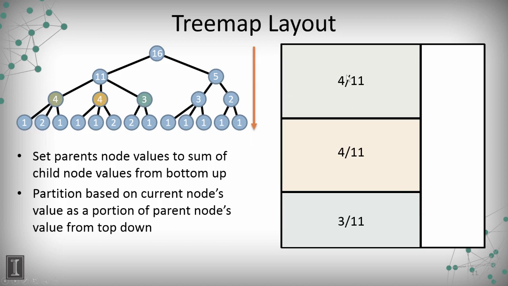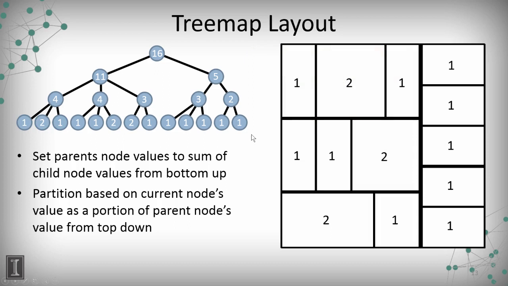And now these are wider than they are tall, so we're going to subdivide them horizontally instead of vertically at the next step. And so we do this again, and we subdivide this top node into 1/4, 2/4, and 1/4 portions horizontally. And we do this with all the rest of the nodes, and we get this tree map of all of the nodes we see here.